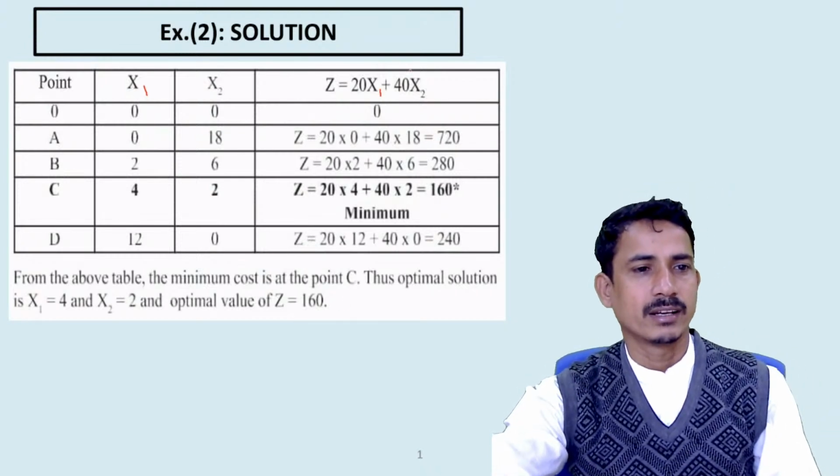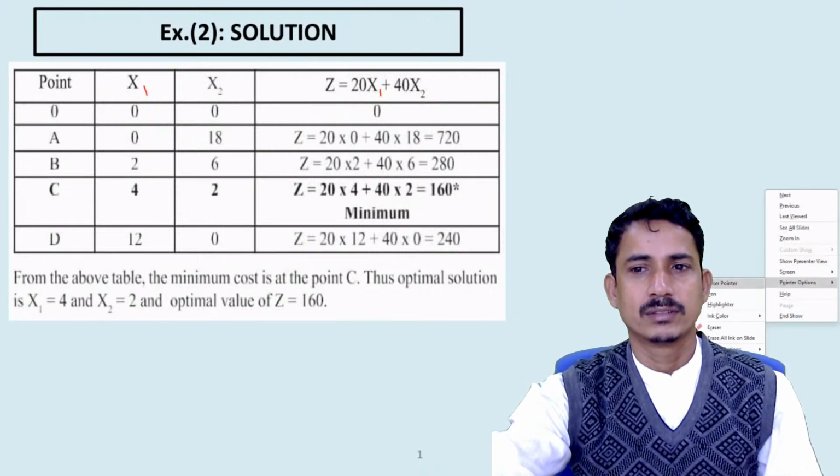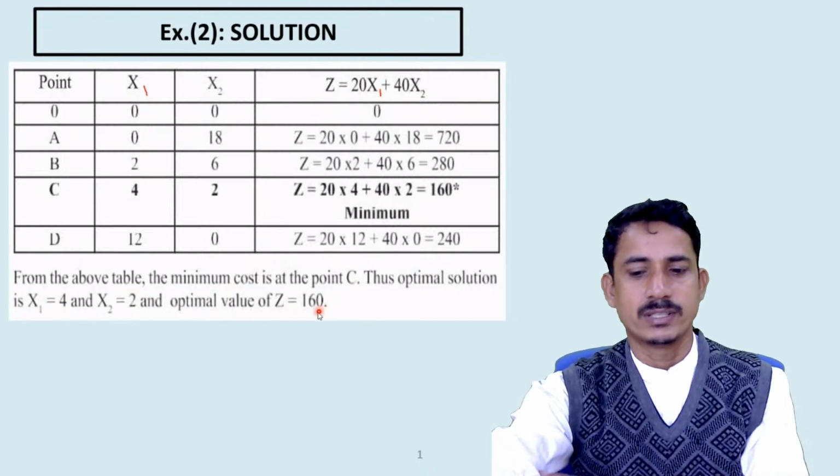The same thing is written: x1 is equal to 4, x2 is equal to 2, and the optimal z is 160.